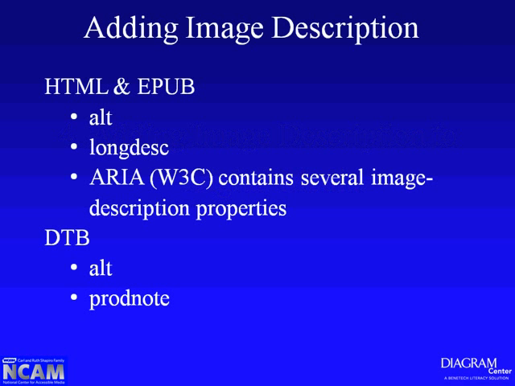ARIA from the W3C also contains image description properties, and I would encourage you to look at ARIA and how to use that to add image description, especially to HTML pages. If you're working in digital talking books, you also have ALT for short text descriptions and a rough equivalent of Longdesc, which is called ProdNote.